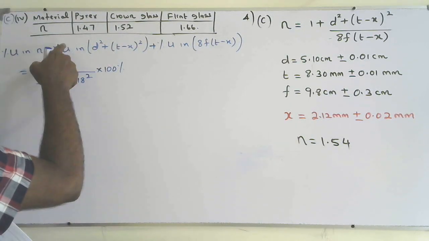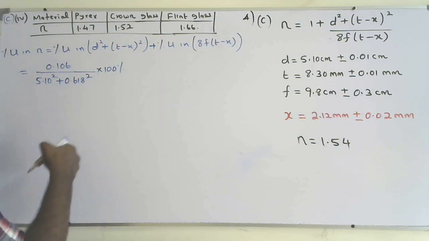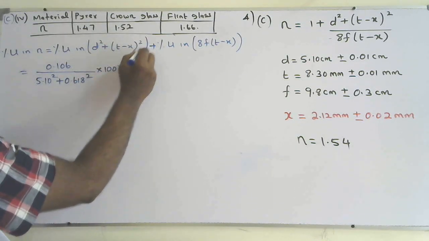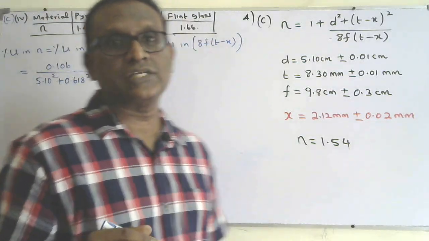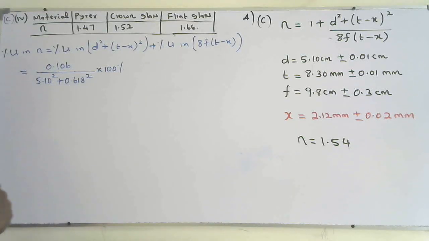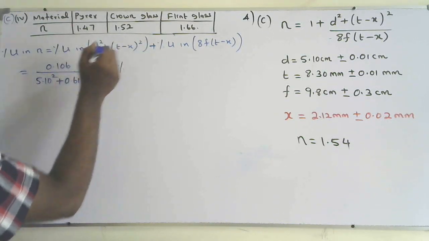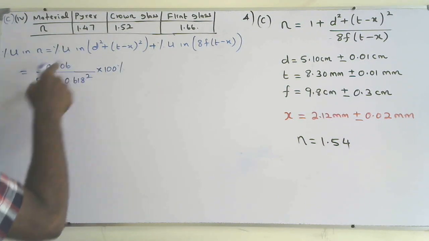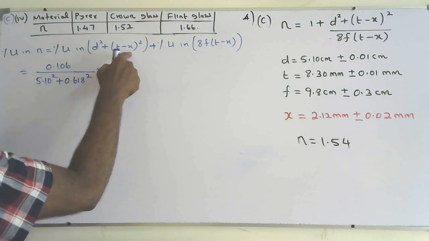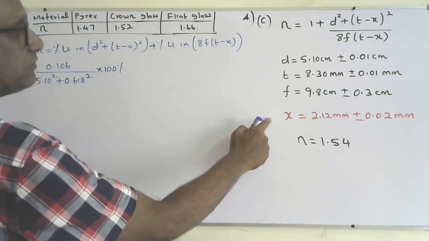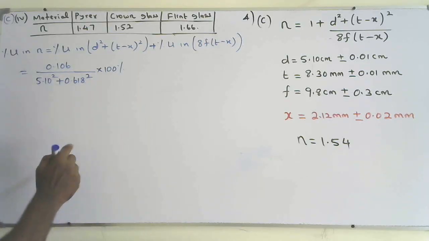So again, the percentage uncertainty of d squared plus (t minus x) all squared is the uncertainty of this value, which is the numerator, that we already found in the previous part, 0.11, but actually 0.106, divided by the value of this one. The value of this one means the value of d squared, 5.10 squared, plus the value of t minus x converted to meter, 0.618, all squared, times 100%.